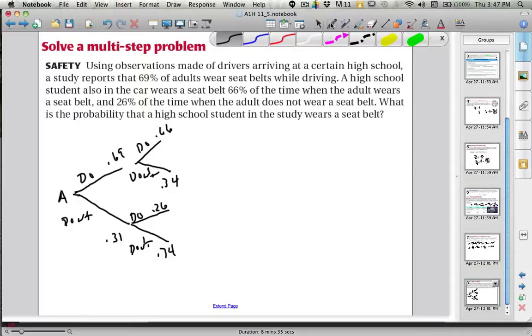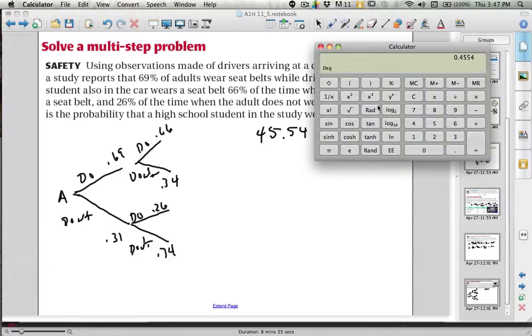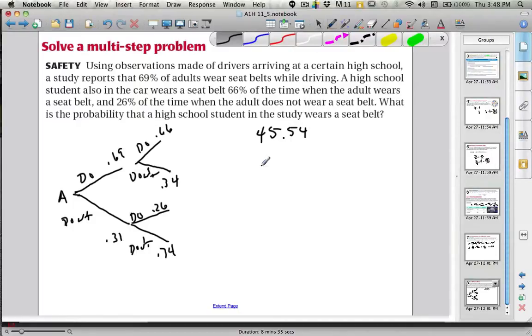So it's 45.54%. If we go the other direction, and I'm going to calculate them all because I want you to observe something. So 0.69 times 0.34, that's 23.46%.